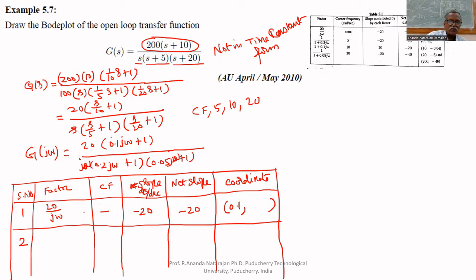What is the lowest? 5. So we write 1 by jω plus 5, or you can write 0.2 jω + 1, in time constant form. The corner frequency is 5, slope minus 20, therefore net slope minus 40, and the coordinate is 5 comma.